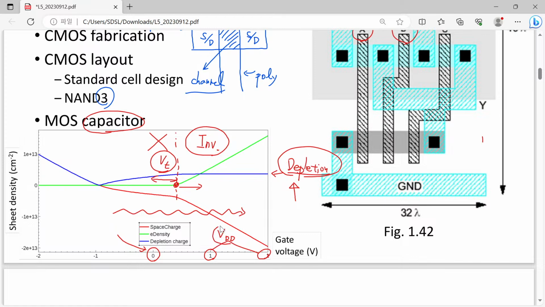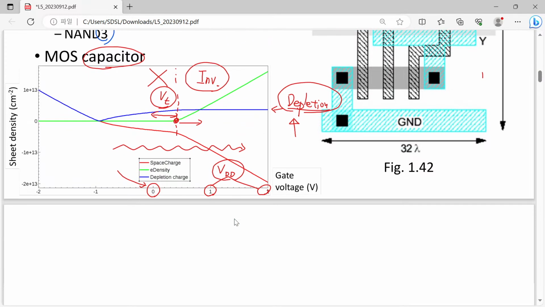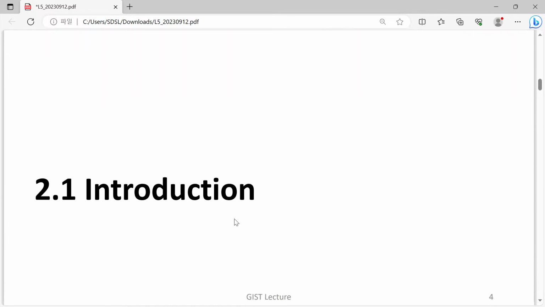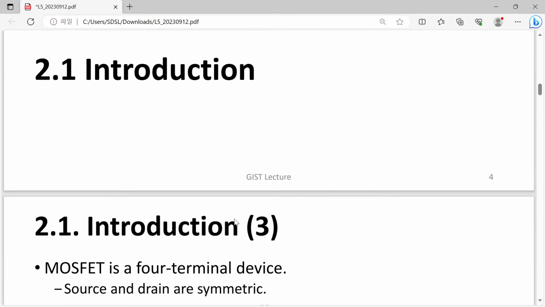However, when you apply VDD, we will have a lot of free carriers which are capable of carrying charges. Okay, that was the essential part of this MOS capacitor. Section 2.1, the introduction, just repeats facts we have already learned, so I will quickly skip it and we will move to 2.2, related to the long channel behavior.